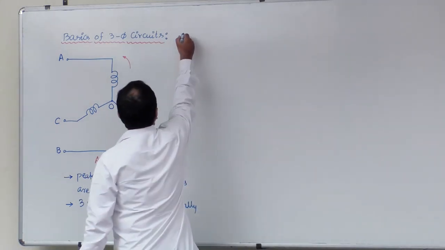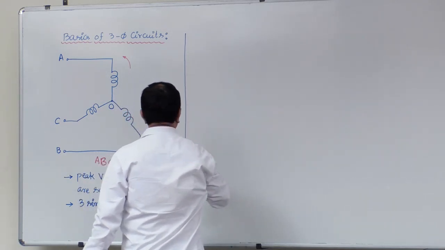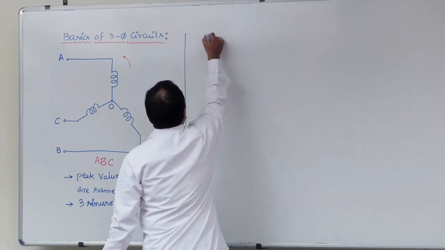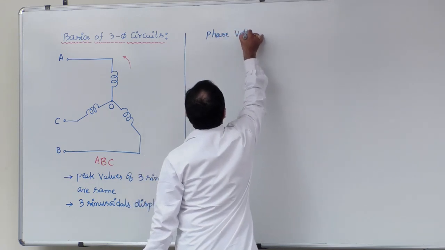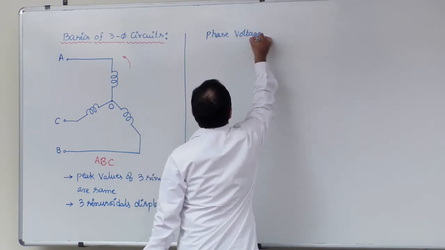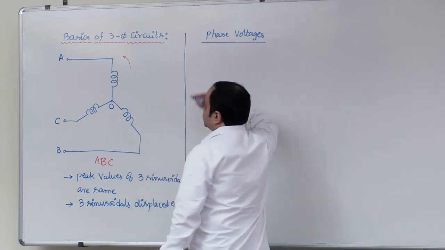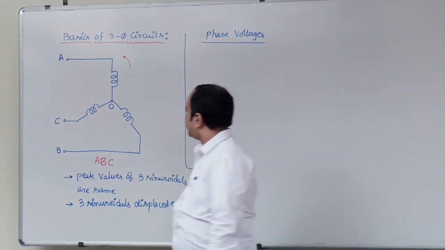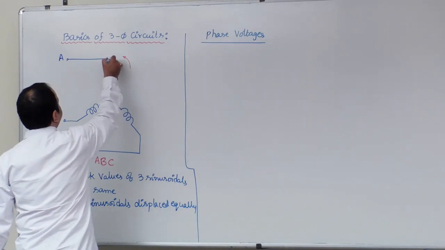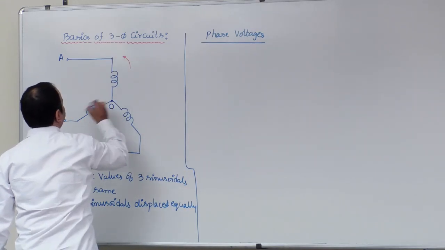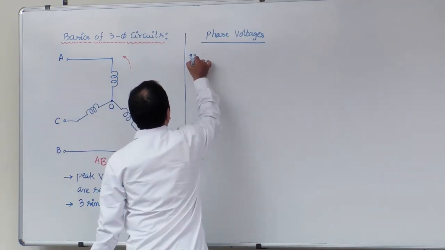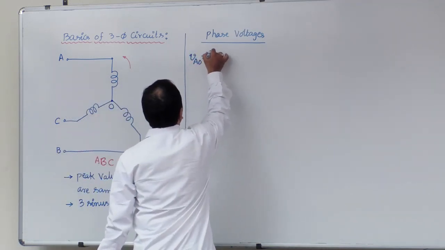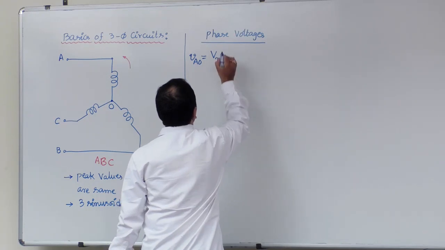Now with these definitions, as the first step, let us define phase voltages. Going forward, we will use this notation. Phase voltage means the voltage between one line and this common point, that is AO. Let us represent that: VAO is equal to VMP.